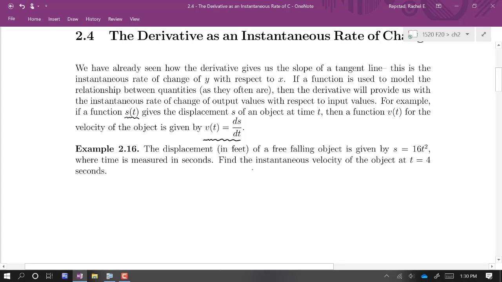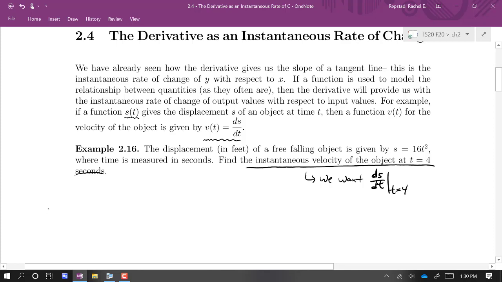We want to find the instantaneous velocity of the object at t equals 4 seconds. So what that means is we want the instantaneous velocity, that's the derivative of displacement over time, and then we're going to evaluate it when t is equal to 4.